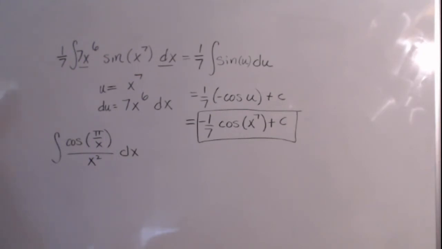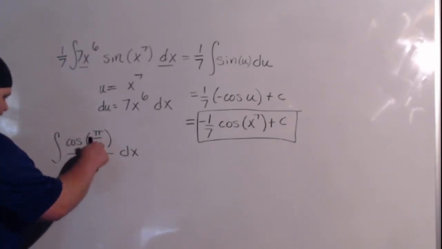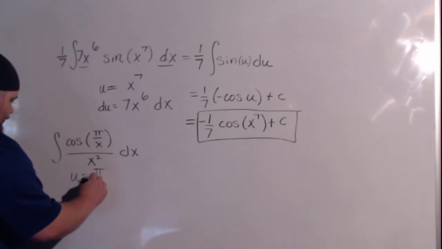Or you could try and let u equal x squared, but your du would be 2x. There is no 2x, there's no x, right? There's 1 over x in there. So I would think that letting everything inside the parentheses be u is a good choice.